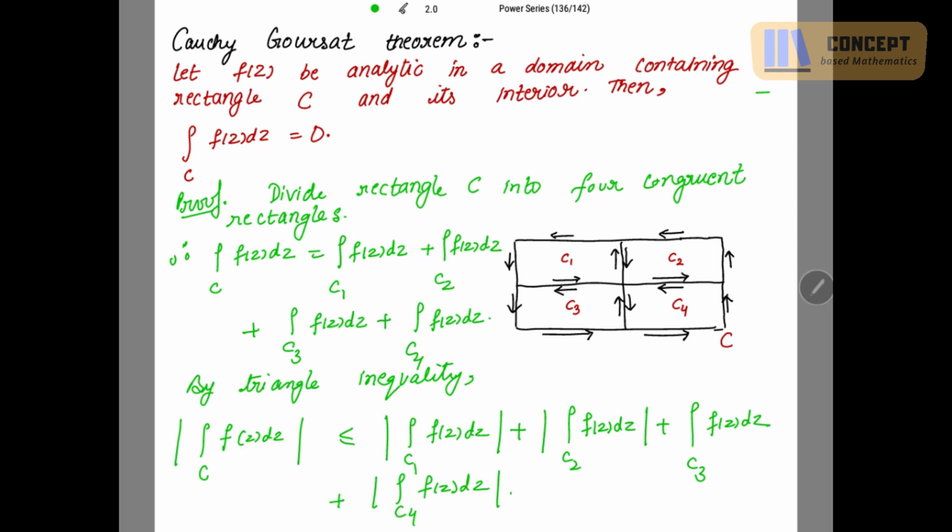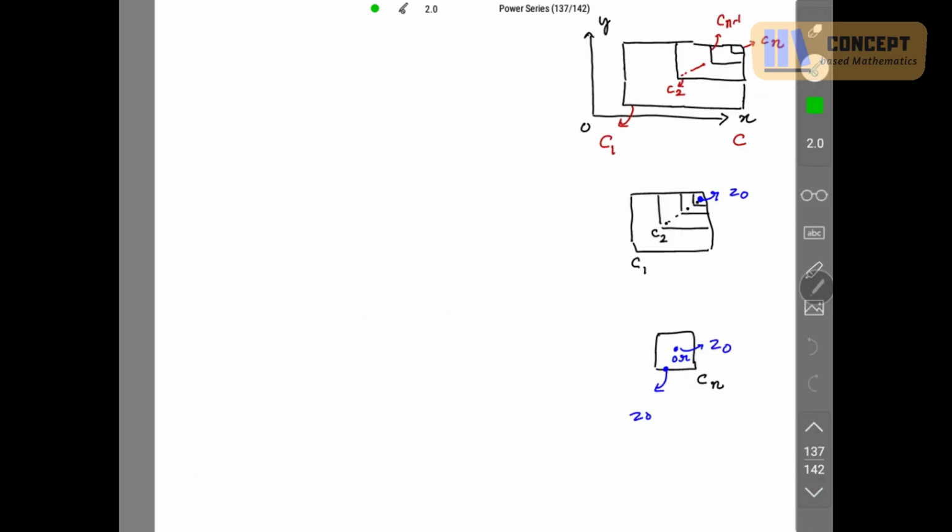Now all the rectangles are congruent, so can I write C1, C1, C1, C1 and take this as 4 times the mod of the integral over C1 of f(z) dz? Yes, because the rectangles are congruent. So the expression becomes the integral over C1 of f(z) dz, and this 4 can be taken to the other side.